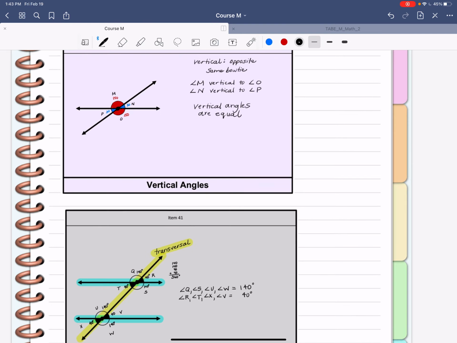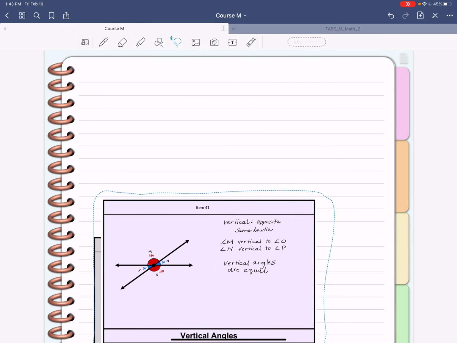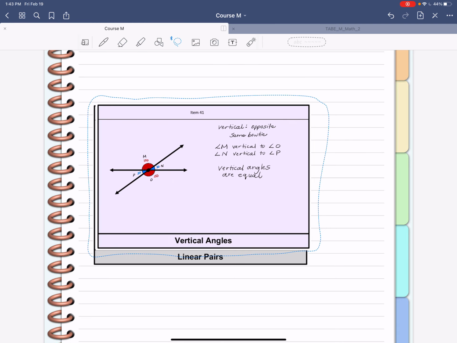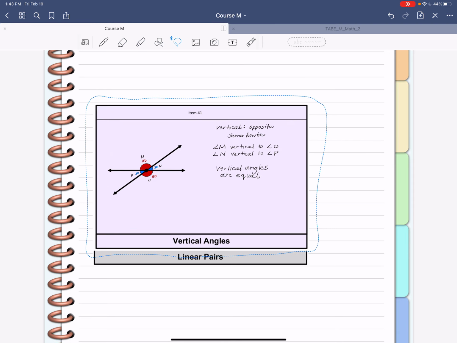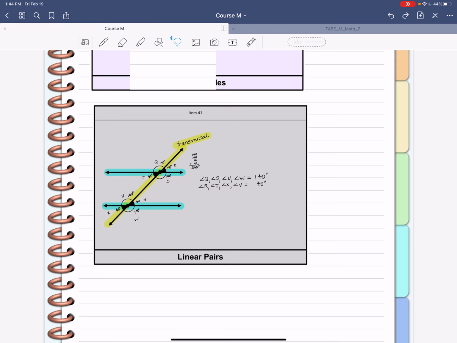Okay, to assemble this picture, I'm going to take the vertical angles and put it on top of linear pairs. So it will sit something like that. Whoops, I don't know what happened there, but it did not like that at all.